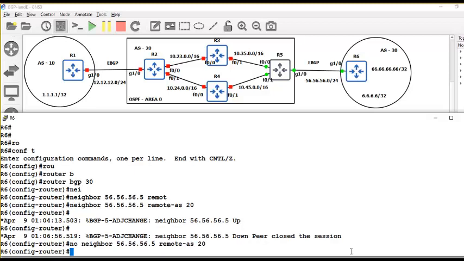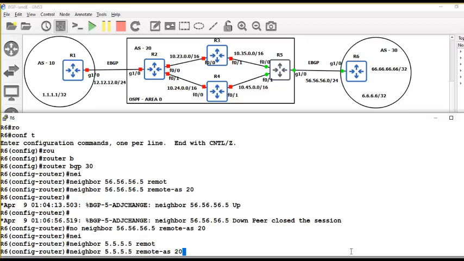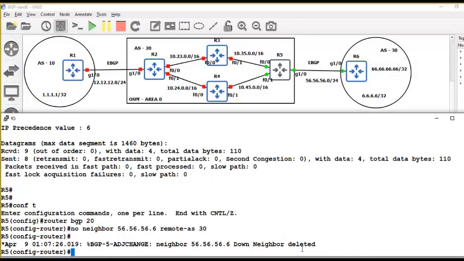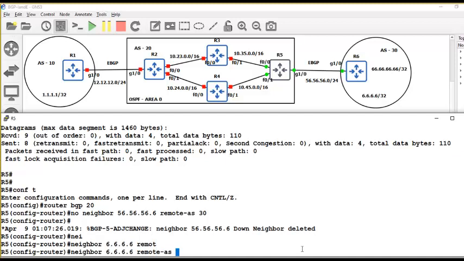Instead, I write neighbor is 5.5.5.5, remote AS is 20. On router 5 also I say neighbor is 6.6.6.6. We also have an address called 6.6.6.6. Remote AS is 30.